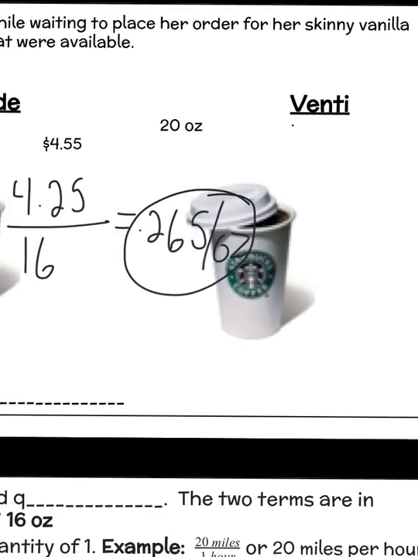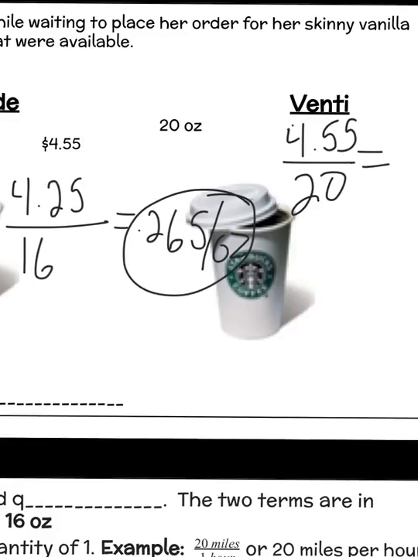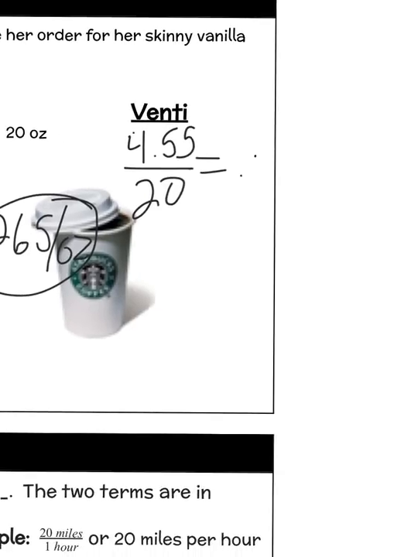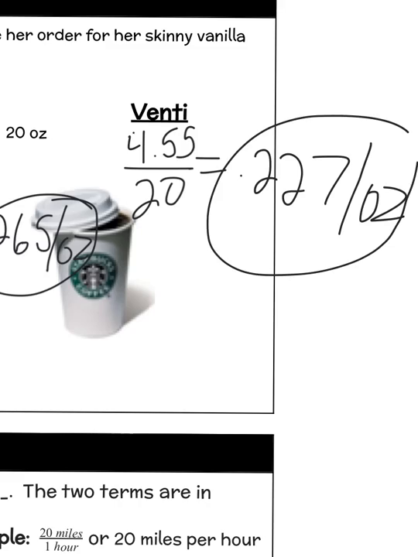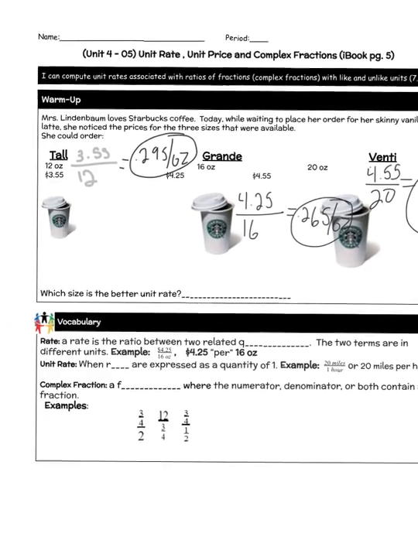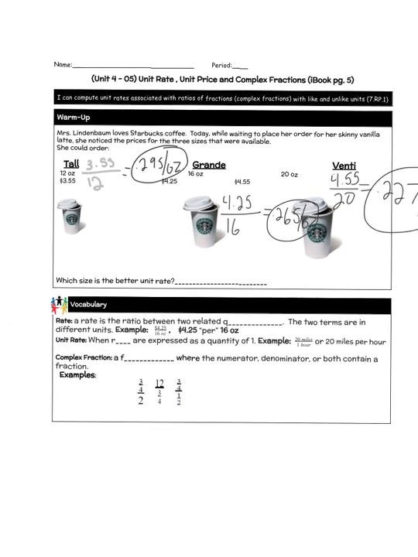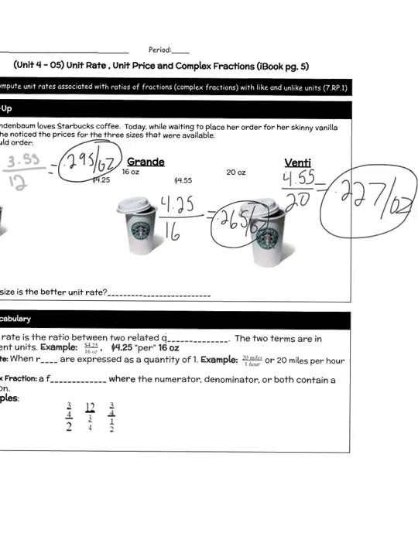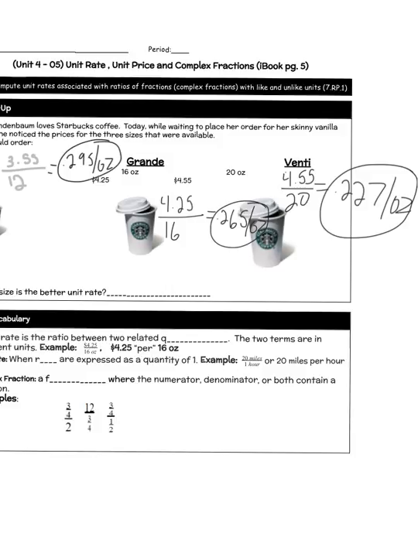We have $4.55 divided by 20 ounces equals, let me plug this in. This equals 0.227 or 22 cents per ounce. So looking at these, we see that the venti has the best unit rate per ounce because it is the least expensive.